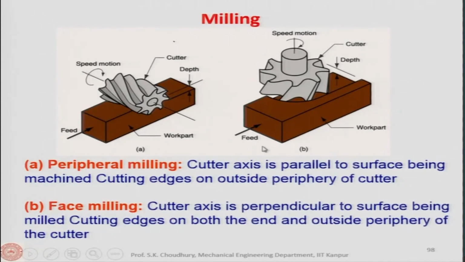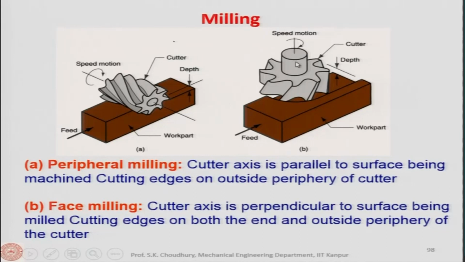Another milling process is the face milling. The difference between peripheral milling and face milling is that here, first of all, the cutter axis is perpendicular to the surface that is being milled, and the cutting edges are at the face, which is not visible.